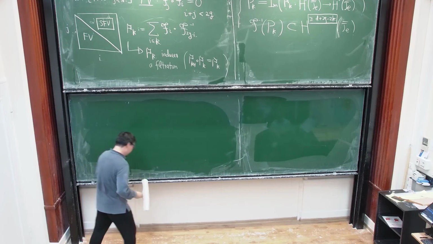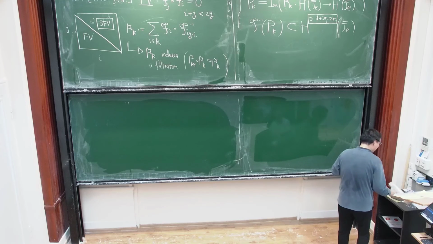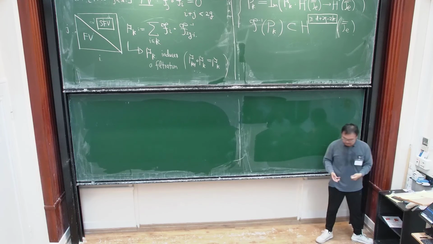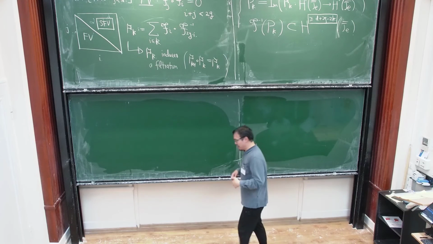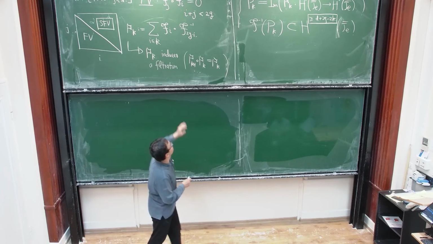Okay, so far, as I said, because of these green boxes, we cannot prove a statement about the decomposition as in the Beauville decomposition case. We only have everything for the filtration.